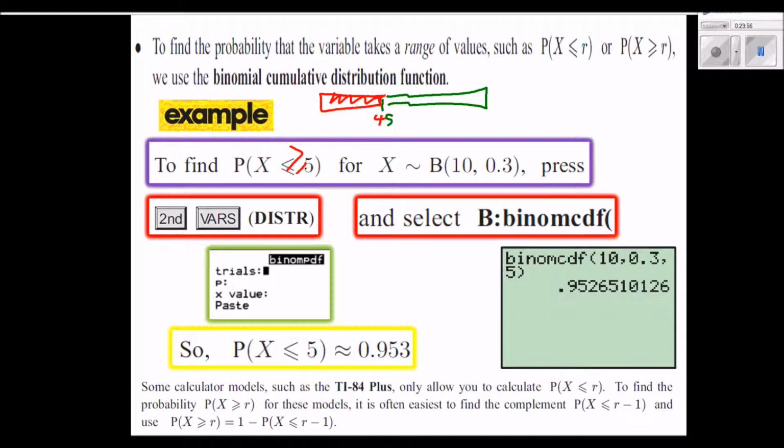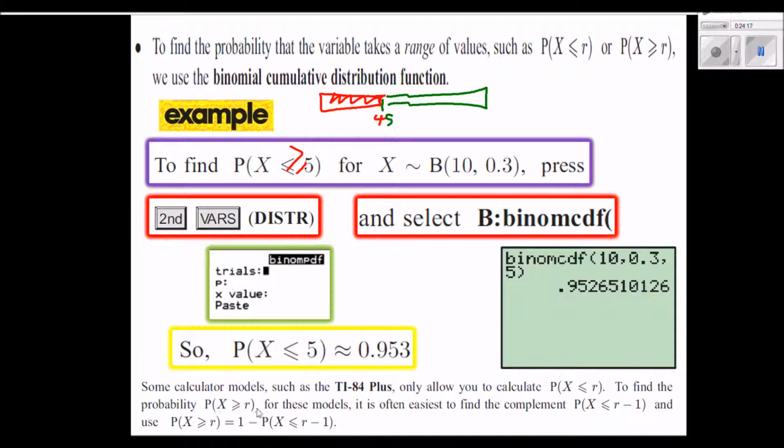Some calculator models, such as our TI-84 Plus, only allow you to calculate probability x is less than r. So notice this, don't change it to this, it was x is less than or equal to r, so just leave it as it was. Sorry about the writing on there. Here, because I was in another class, I was talking about if it was greater.